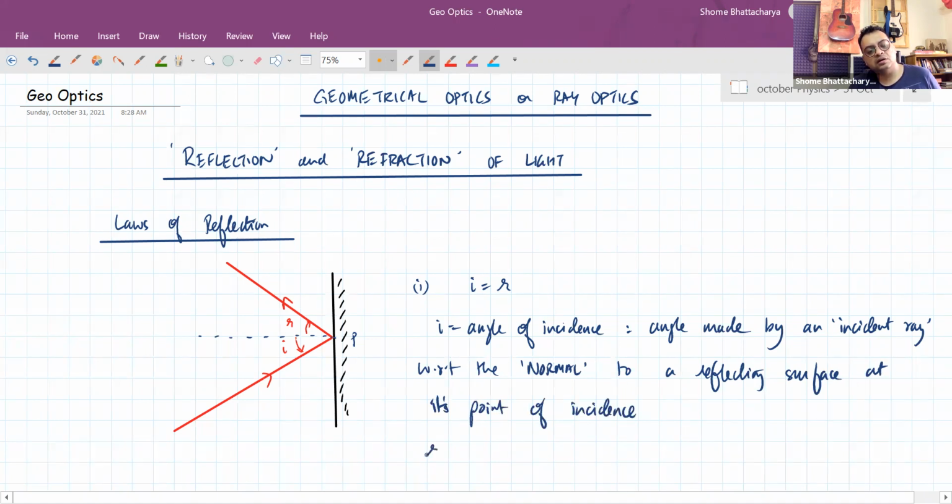And similarly, R is the angle of reflection, which is the angle made by the reflected ray with respect to the same normal.